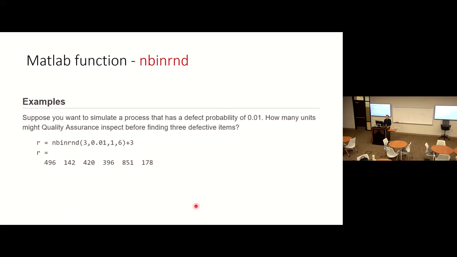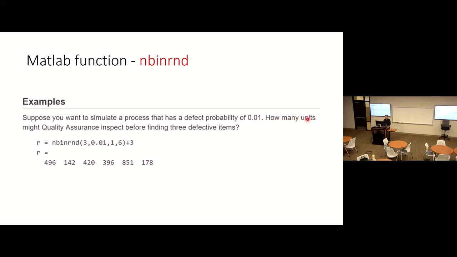Yeah. So let's do this as an example. This example simulates defect probability. You produce something, and in your series of products, the defect rate is 0.01. In 100 you have 1, so that's the rate.